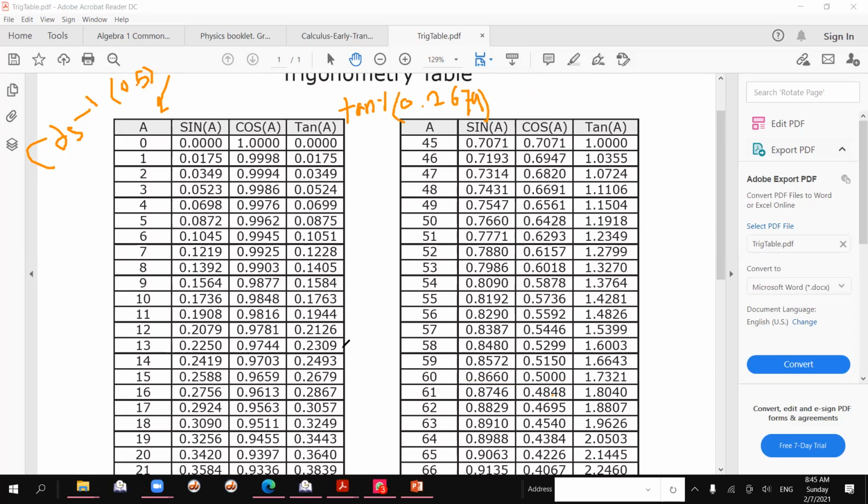It's going to be 15. Bravo. You go to the tan column and it will be 15. That's what we do on your calculator. In your calculator, you just say you want cosine inverse and it finds it. But where does this cosine come from? Here you have to understand it by the table.